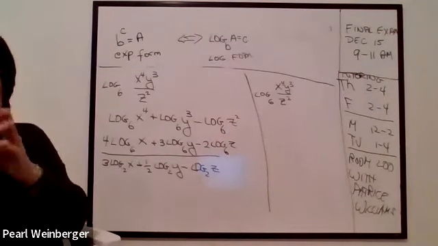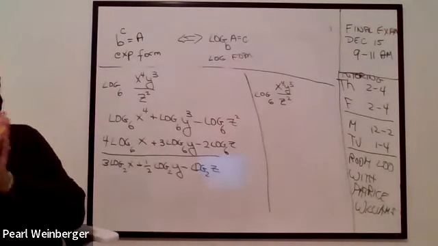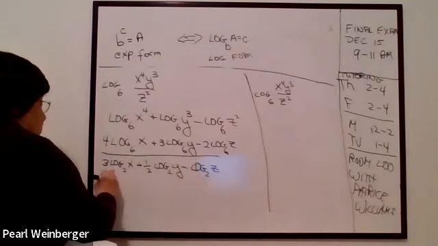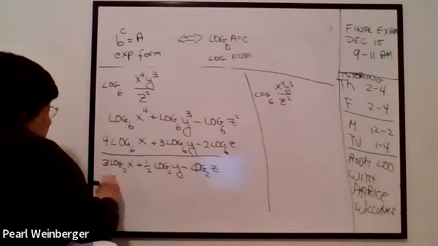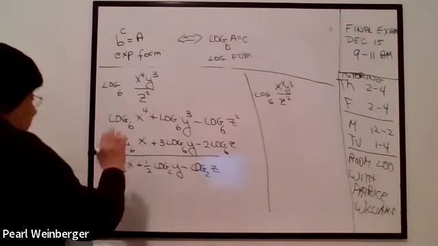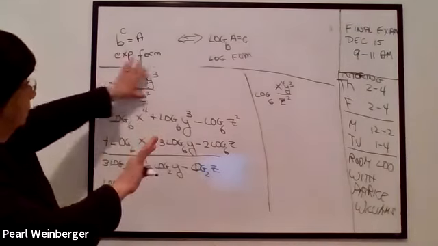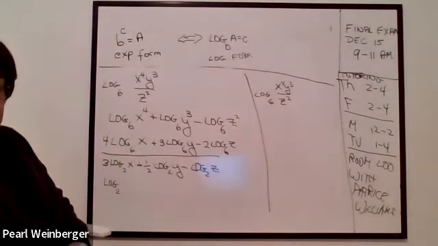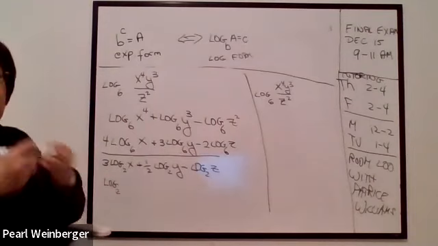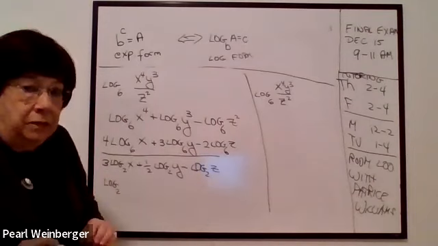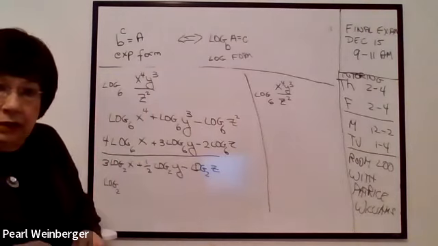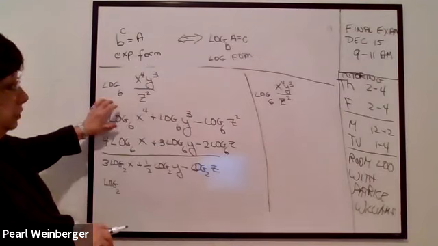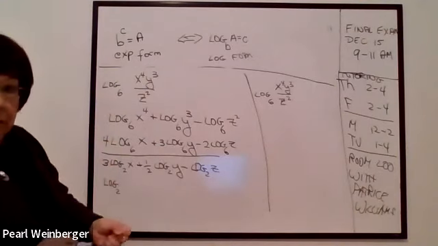In other words, I want this to be written as just the log base 2 of something. I don't want this whole long expression. So I have to work backwards from the original way we did things. Originally, we first looked for the multiplication and divisions, and then we looked at the exponents.